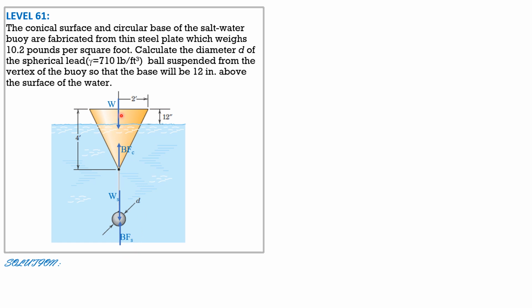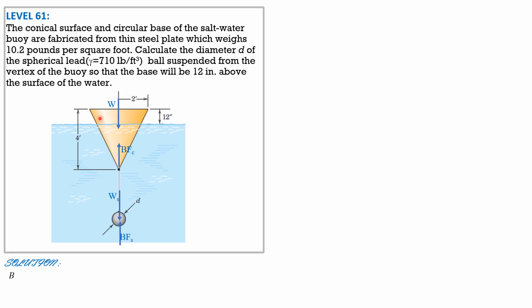The weight of the conical surface is the specific weight, or weight per square foot, 10.2 pounds per square foot, times the lateral area plus the base area. The lateral area is pi times radius times slant height, and the base area, of course, is the area of a circle, pi radius squared.